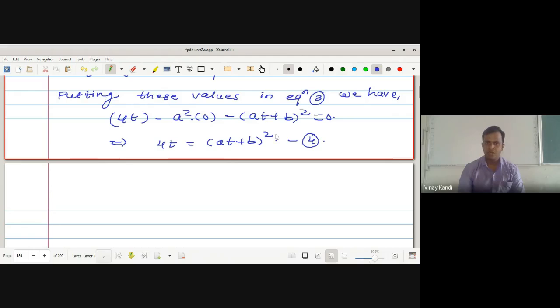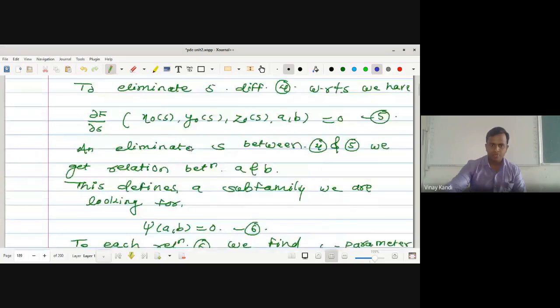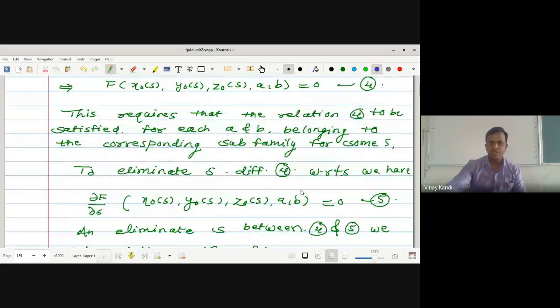Okay, now we have to find the relation between a and b. So here differentiate with respect to t. आपल्याला काय करायचं आहे? We have to eliminate the arbitrary parameter t. Okay, theory मध्ये काय बनलंय बघा इथे. To eliminate the parameter, differentiate equation 4 with respect to t.